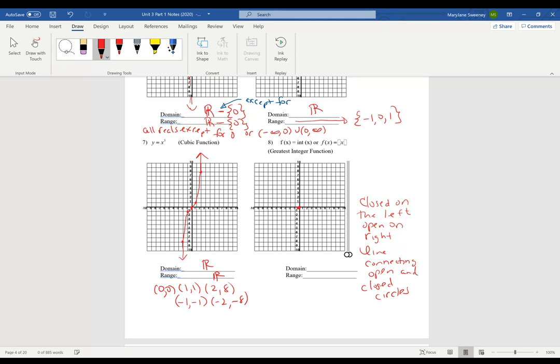Closed circle at 0, 0, then there's a line, and then open at 1, 0. Then it goes closed, line going over, open. So line going over to the next integer. So closed, line, open. So here, open on the right, line closed on the left. This is sometimes called a step function.